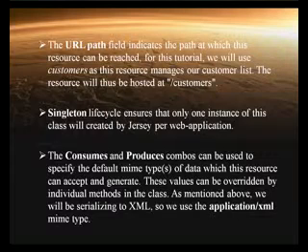Singleton lifecycle ensures that only one instance of this class will be created by Jersey per web application. The consumes and produces combos can be used to specify the default MIME types of data which this resource can accept and generate. These values can be overridden by individual methods in the class. As mentioned above, we will be serializing to XML, so we use the application/xml MIME type.